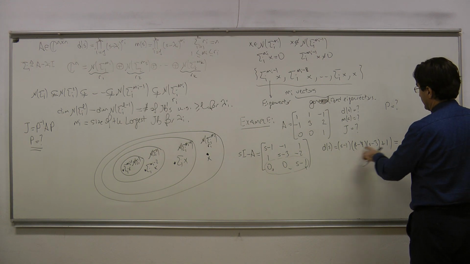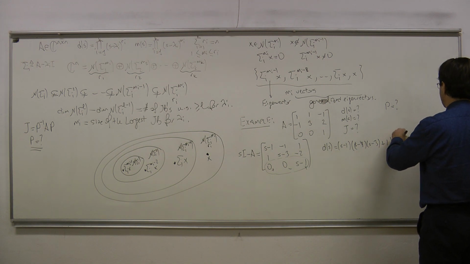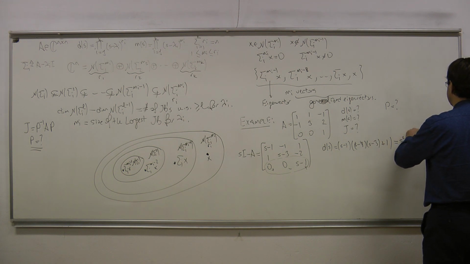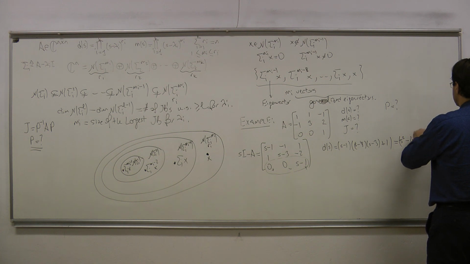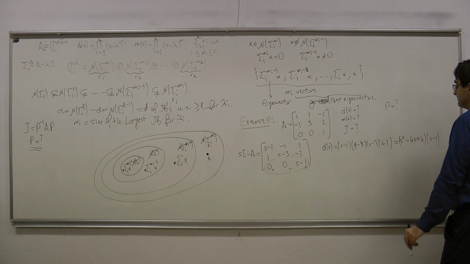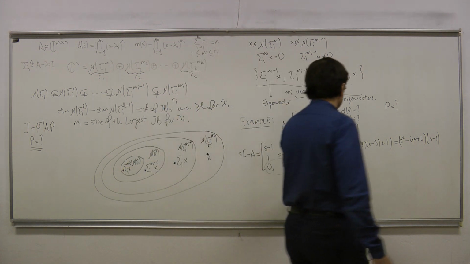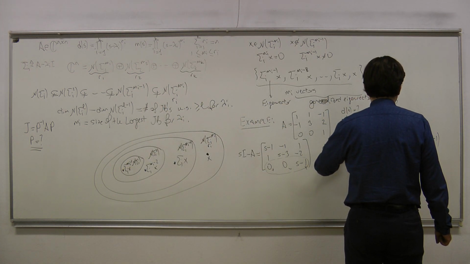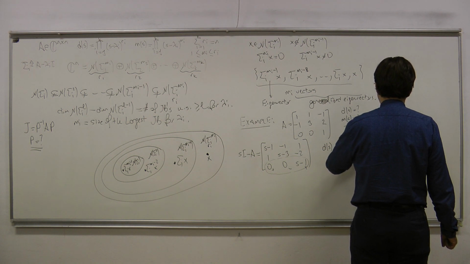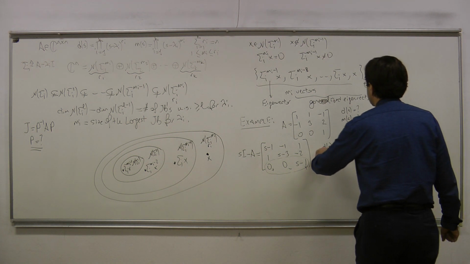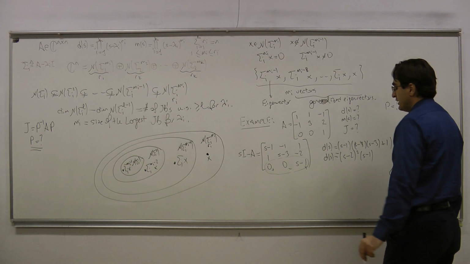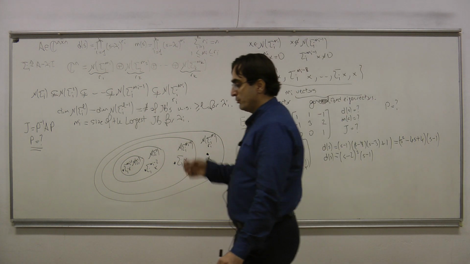If I expand these factors, I will have s squared minus 4s plus 4 times s minus 1. Okay? And we see that this is nothing but s minus 2 squared and s minus 1. So this is my characteristic polynomial here, and I would like to find the minimal polynomial.